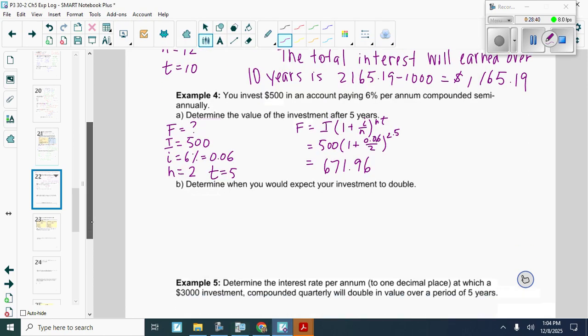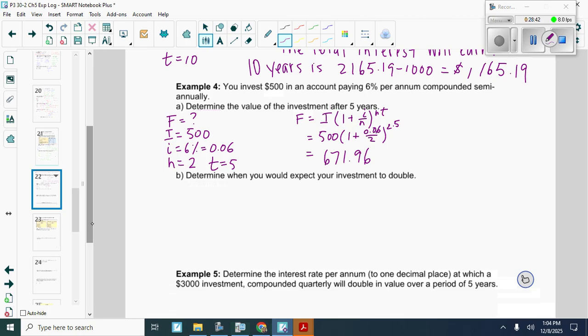Okay, so we saw that it took 5 years for our money to only go up to 671. How long do you think it would take for it to double? That's what we get to figure out. So this is what we want to know. Well, first of all, what are we doubling?